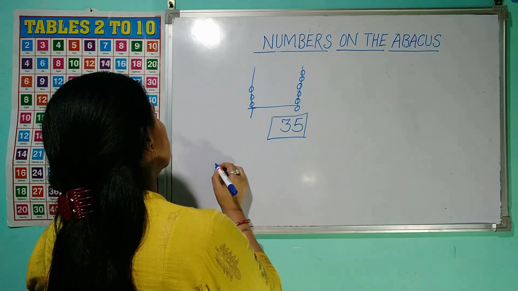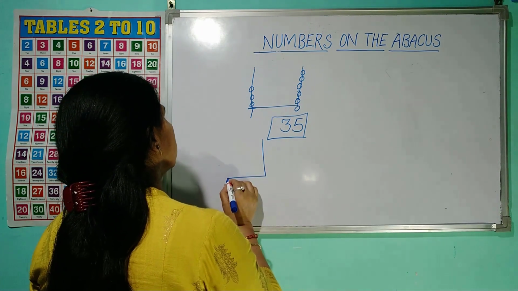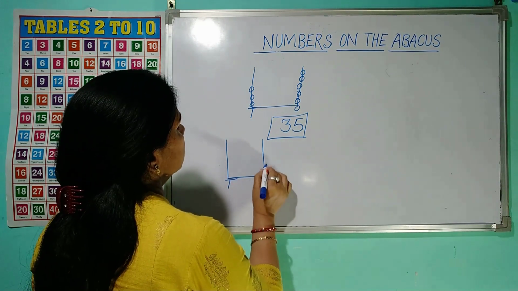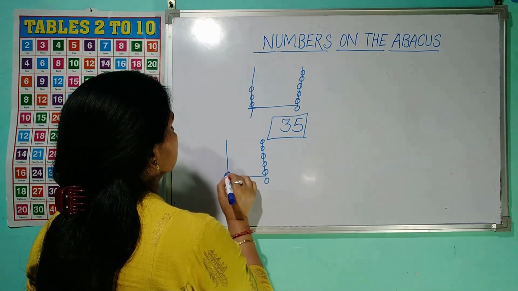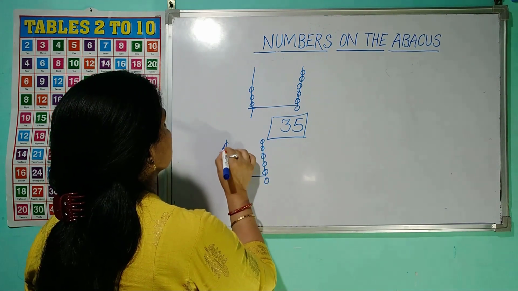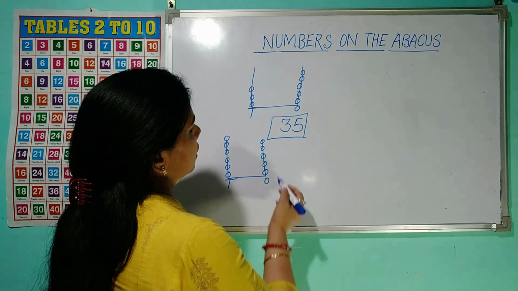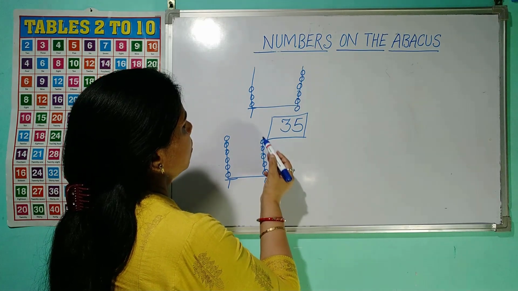Take one another. How many beads in one spike? 1, 2, 3, 4, 5.